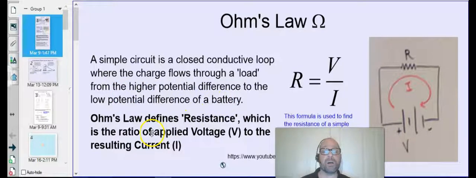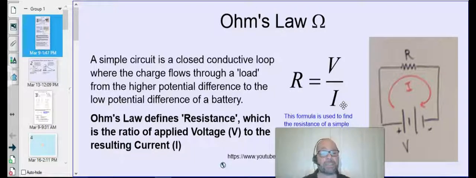Ohm's law mathematically defines resistance, which is the ratio of applied voltage to the resulting current. So really it's the push to flow ratio. So different materials are naturally resistant or conductive to greater or lesser degrees. So a resistor is a device that uses electrical energy, but each material has a resistance.